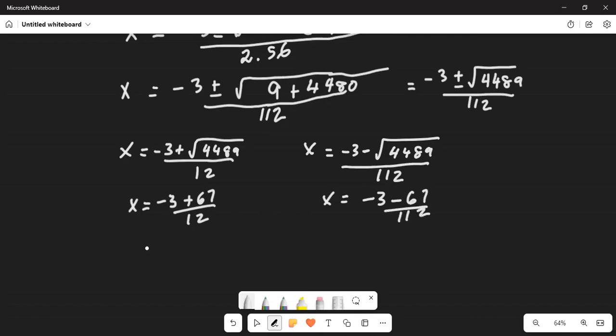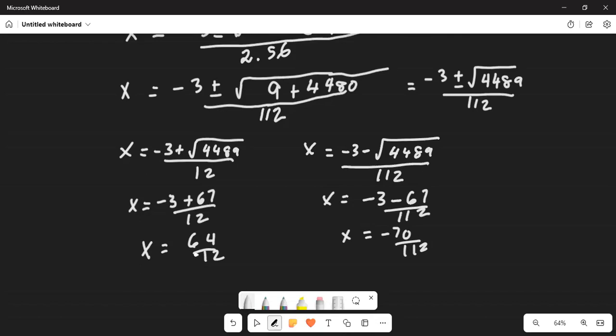So this x is 67 minus 3, which is 64 over 112. And this x is minus 70 over 112. Now we look for a common factor.